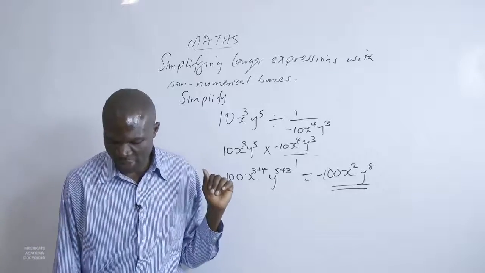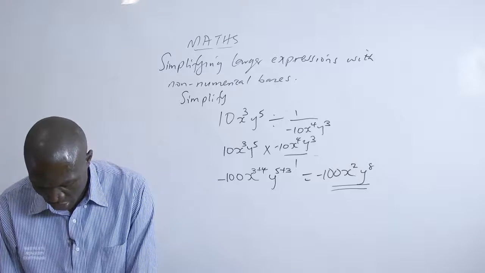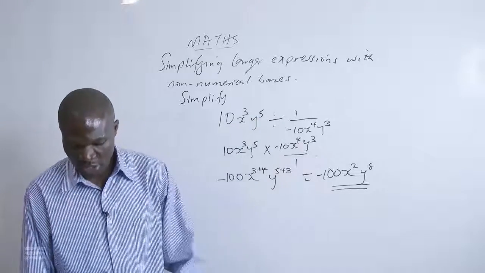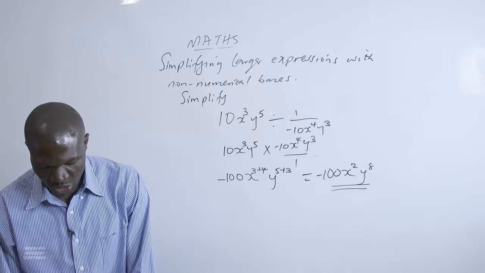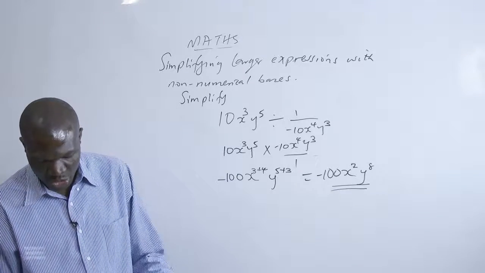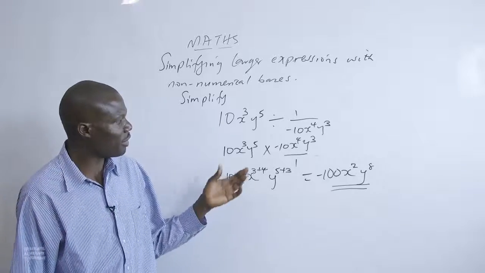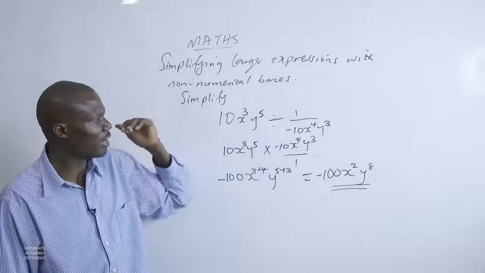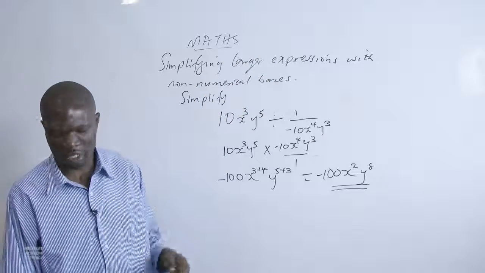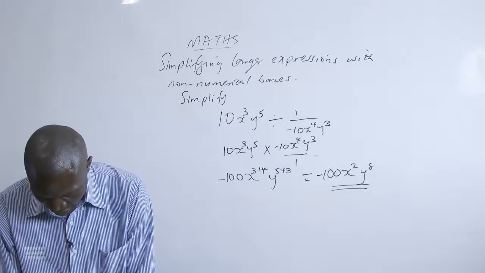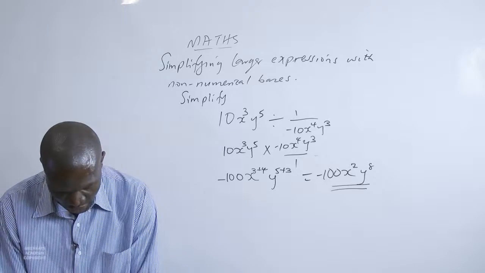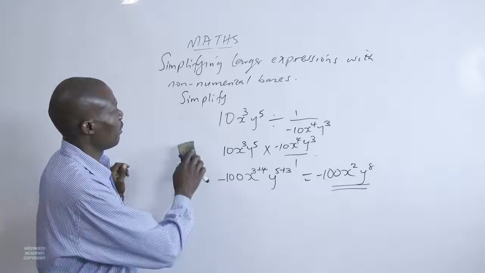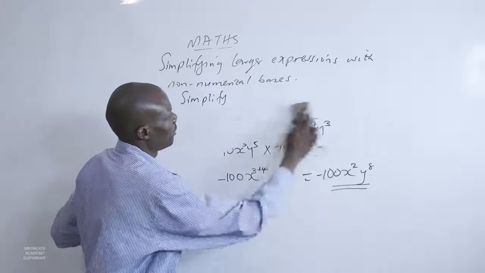So it doesn't matter whether you are dealing with numerals or non-numeral bases, we should always be able to calculate and find how the law of division and the law of multiplication when it comes to the index is simply applied. So let us look at one last, and then we stop.